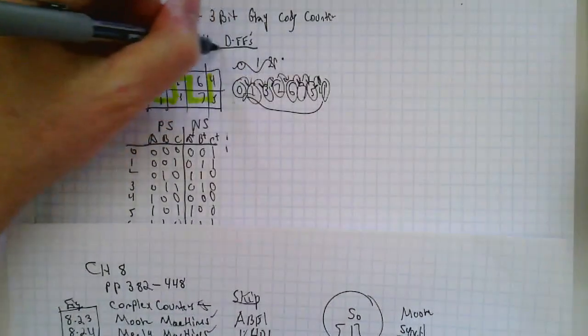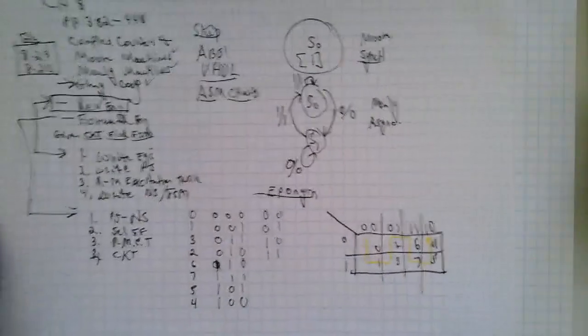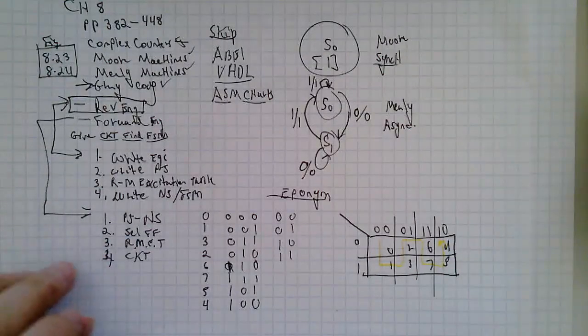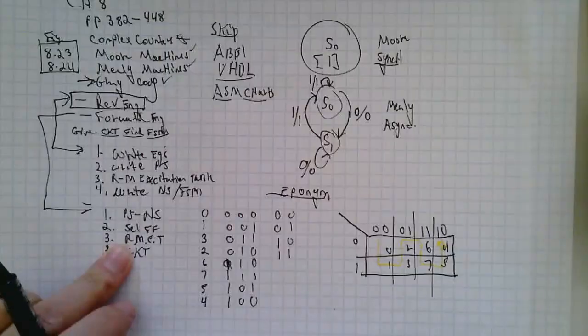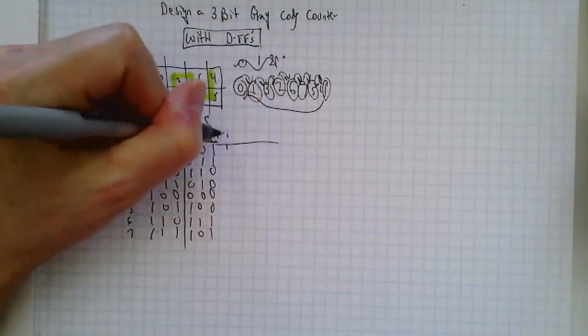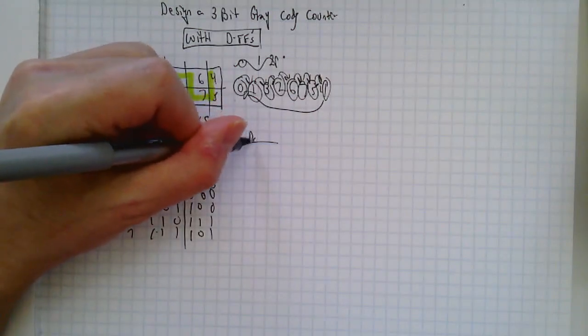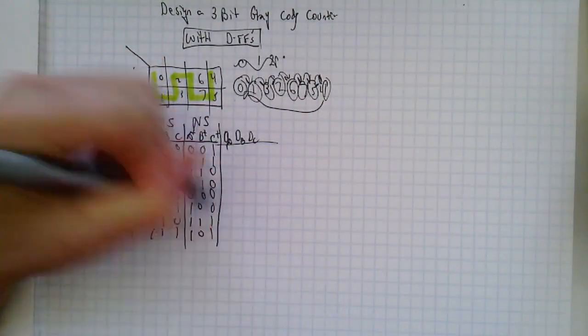So I know what it is. And then it says do the remapped excitation table. So now I have to have 3 flip-flops, D sub A, D sub B, and D sub C. They're all D flip-flops because it says with D flip-flops.